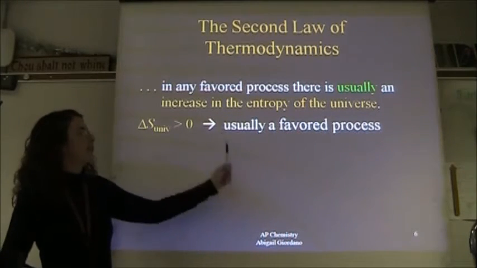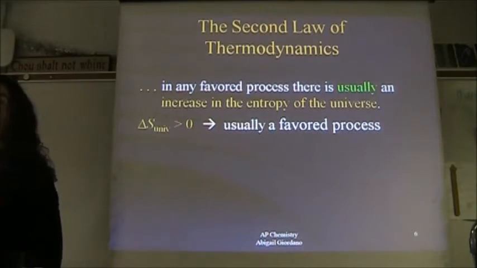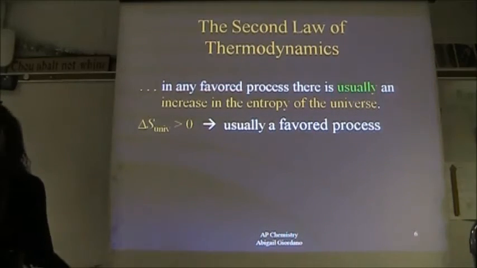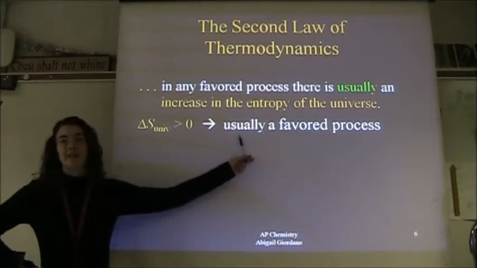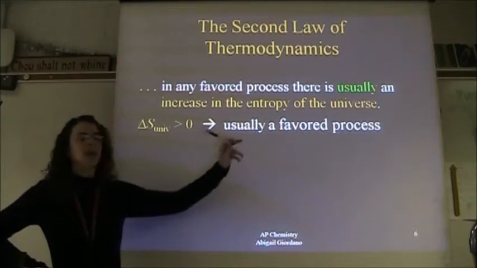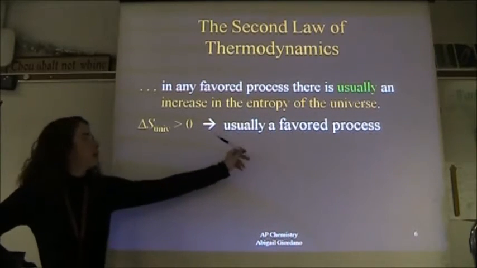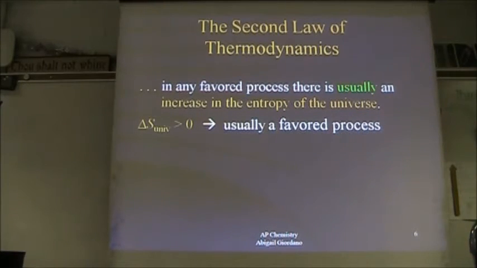Positive delta S's usually indicate something that is favored, something that is spontaneous. Please notice I don't use the word definitely. I'm only using the word usually, probably. We will see in just a minute how you answer the question without usually or probably.